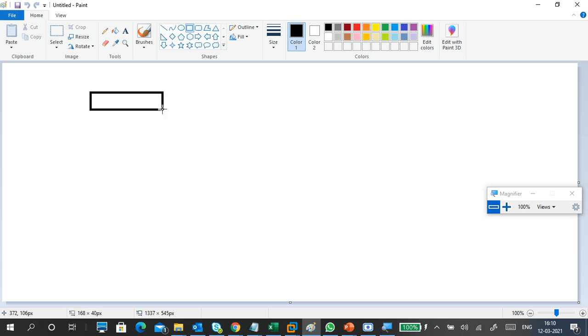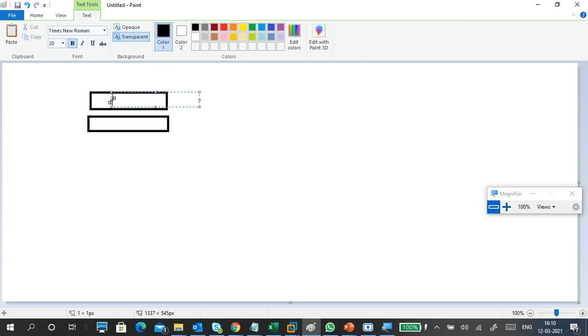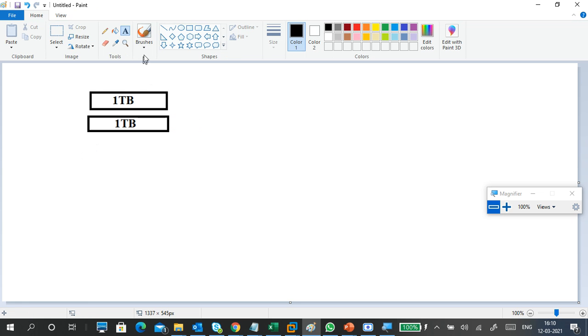This is a disk, and this is a disk. Two disks are there. Think like this is a 1 terabyte disk. This is 1 TB, and this is also 1 TB. Now I combine these two disks.